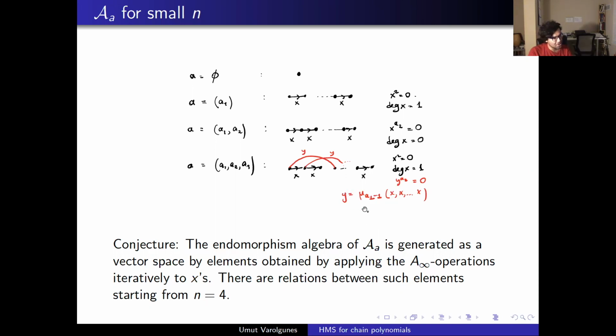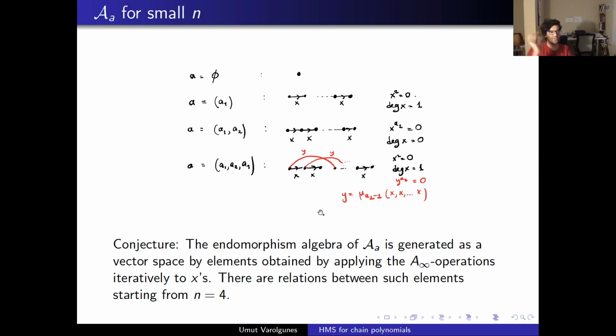And the conjecture, which I don't know if it's an interesting conjecture or not, but just from observations, it seems to be the case that the endomorphism algebra of this category is, as a vector space, generated by this morphism x going between successive elements, and there are some non-trivial A infinity operations.